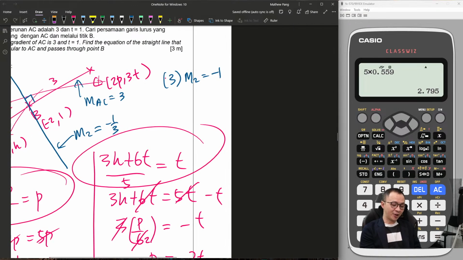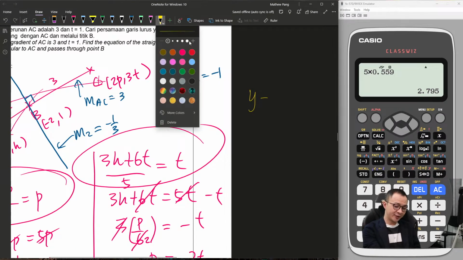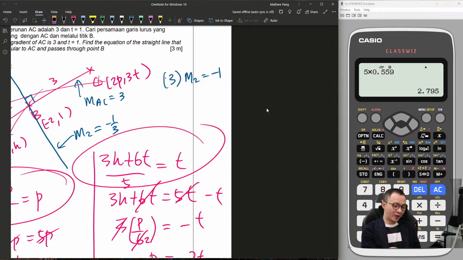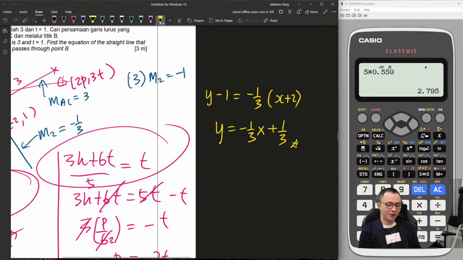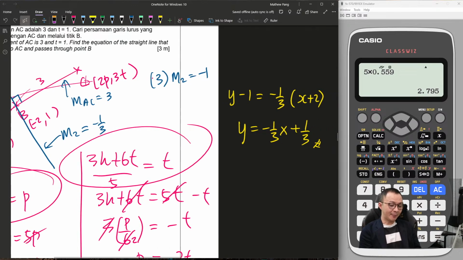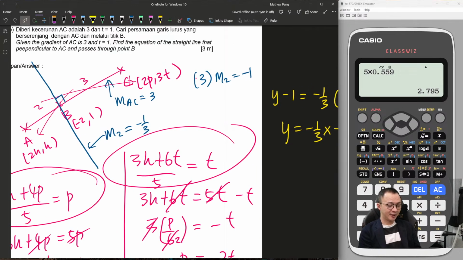Then I can form the equation really easily. y minus y1, my y1 will be 1, right? y minus 1 equals -1/3 times (x minus -2), x plus 2. This is -1/3 x minus 2/3 plus 1, plus 1/3. Okay, so we just do some mental work. This is the final equation you should get.